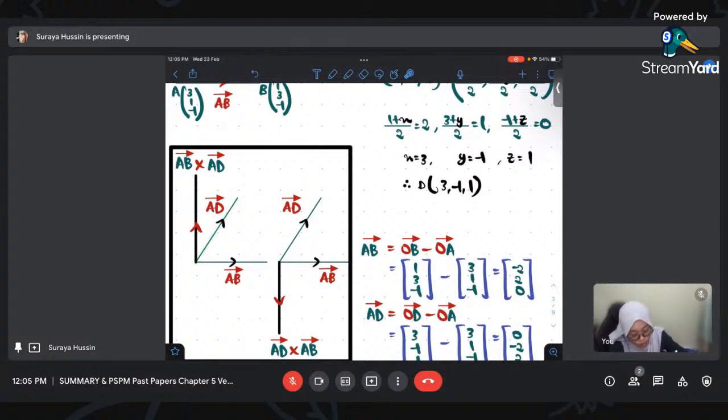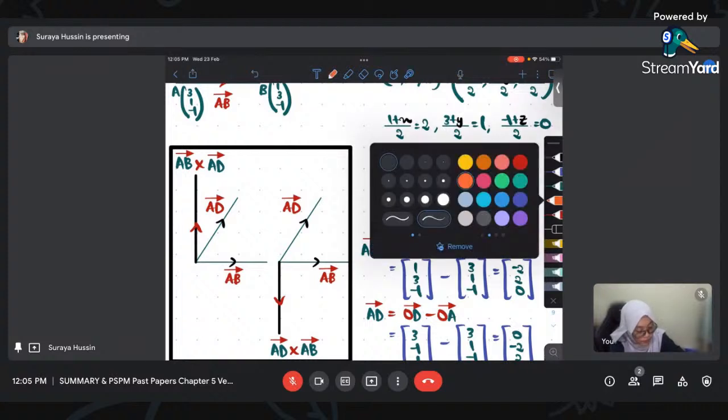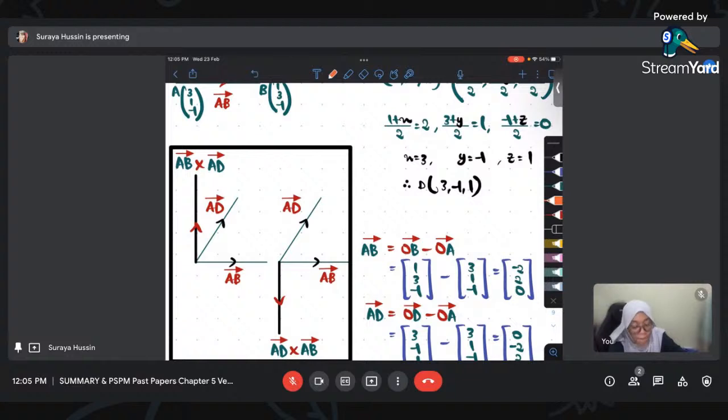So caranya untuk faham thumb atas. How do I say it? Thumb atas adalah ni direction dia. Okay, when the direction is thumb up, it is always anti-clockwise.